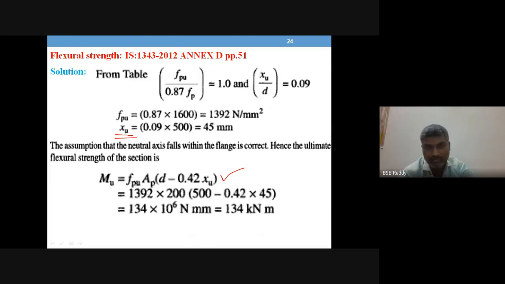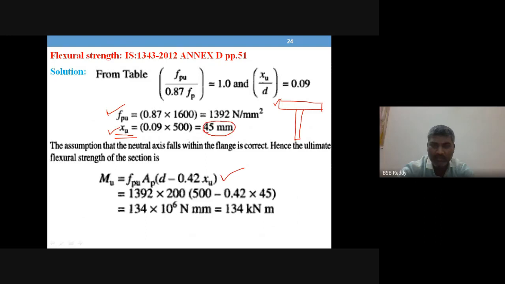You proceed with the solution and get the values of FPB and XU from the table.